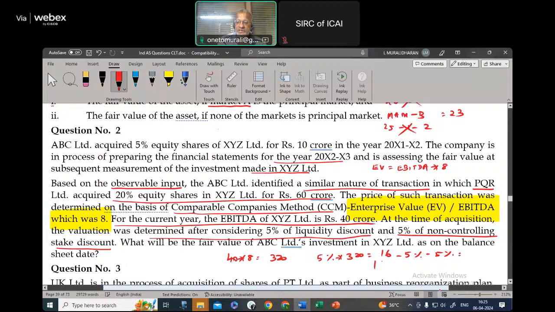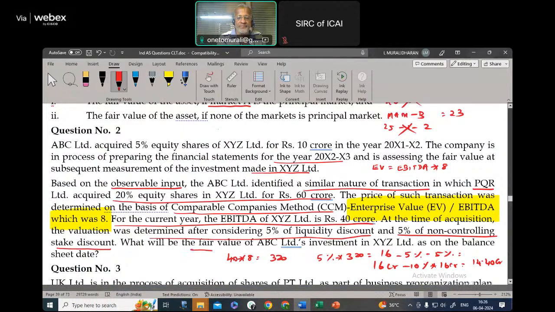So it is 16 crores minus 10% on 16 crores. It will work out to 14.40 crores. So answer for this particular question is 14.40 crores. Is that clear?